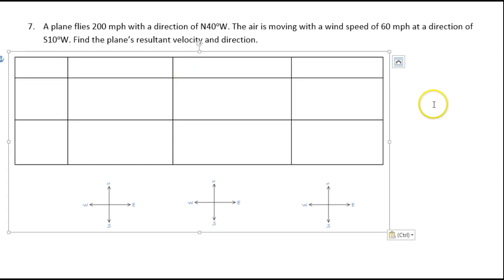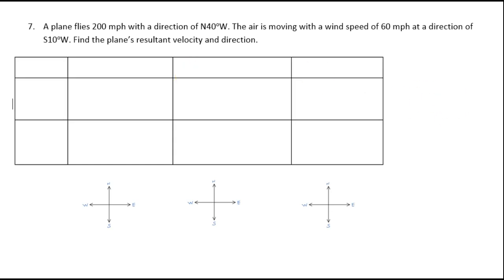Let's get organized. So let's see. We've got the two vectors, the velocity of the plane and the velocity of the wind. And we are being asked to find the resultant velocity. In the first row, we will record the magnitude and direction of each vector. In the second row, we will write the component form of each vector with the horizontal component and the vertical component.